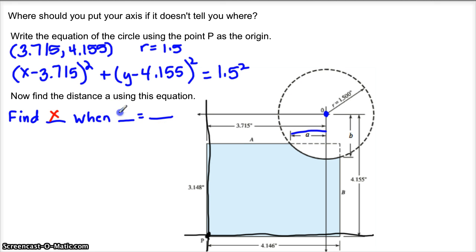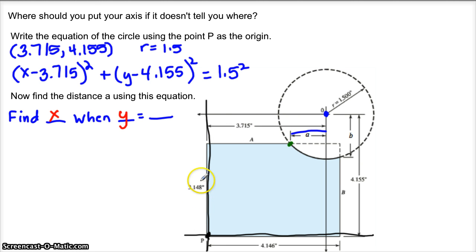Okay, so that means this would be when y equals, so now I've got to figure out the y coordinate of that point. This is the point on the circle that I'm actually talking about right there. So what I want to know is what's the y coordinate of that point. Remember we're measuring from here as my origin, so I need to know the distance up from there to get over to here.